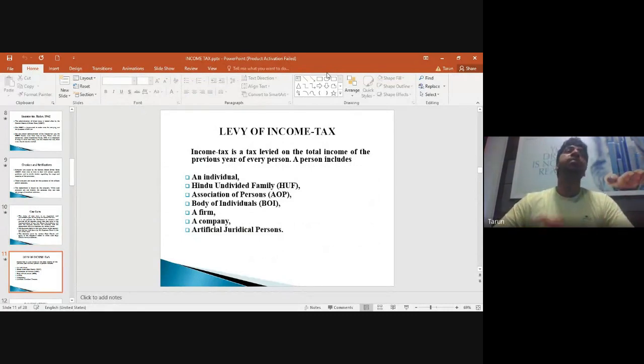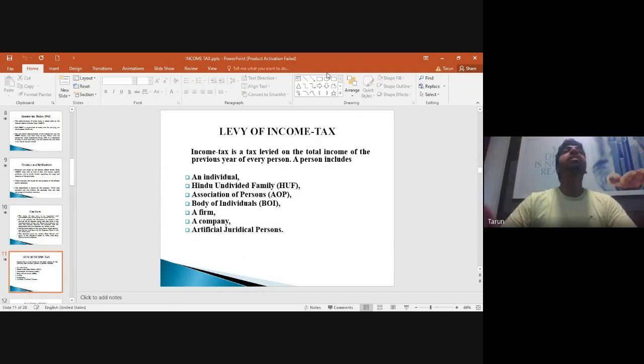A person includes many categories, which always have their own meaning and their own pattern of calculations. So a person includes an individual and a Hindu undivided family. A Hindu undivided family is a family where only one person, the karta, who is the eldest member, works and manages the whole family.